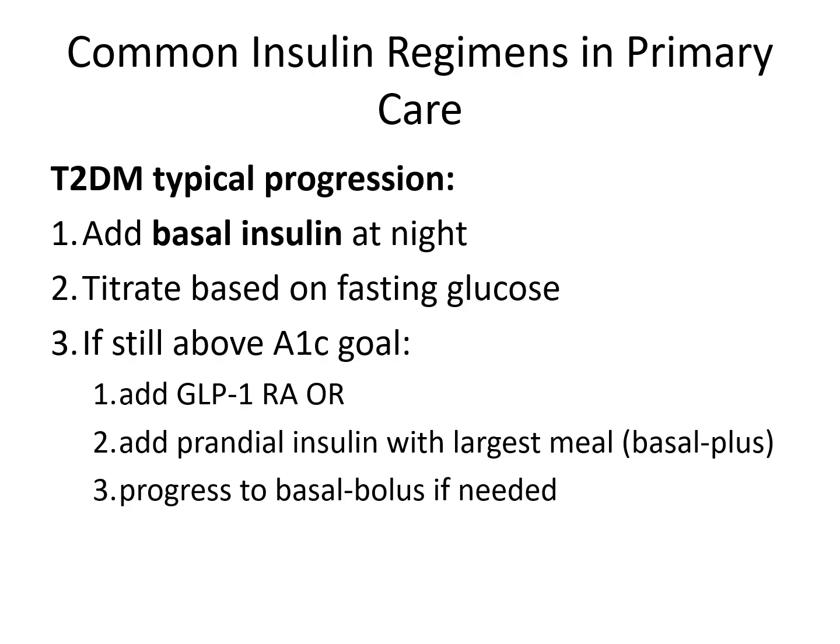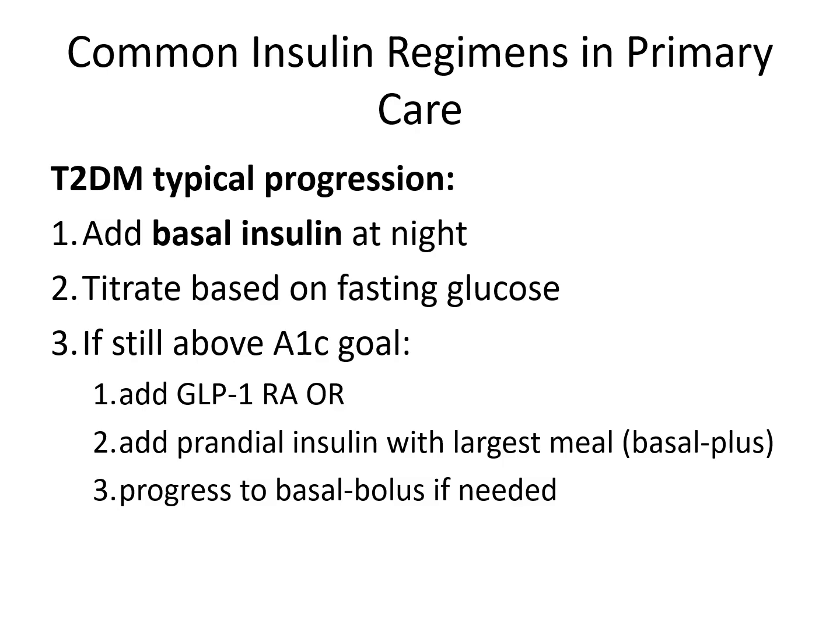And this targets the post-meal spikes without immediately committing to full basal bolus therapy. And if needed, we then progress to basal bolus therapy, and that would be adding rapid-acting insulin before multiple meals. So clinically, we try to fix the fasting first with a basal approach.